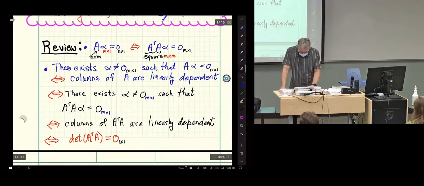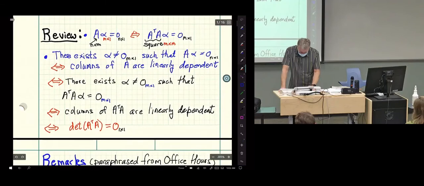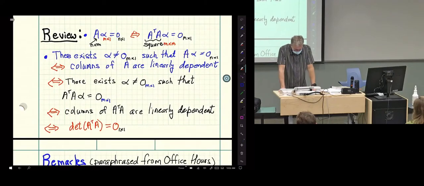Okay, back to material. We've been working on essentially existence and uniqueness of systems of linear equations. One of the equations we looked at was a matrix A, which is potentially rectangular, n by m, times a vector of coefficients we called alpha.